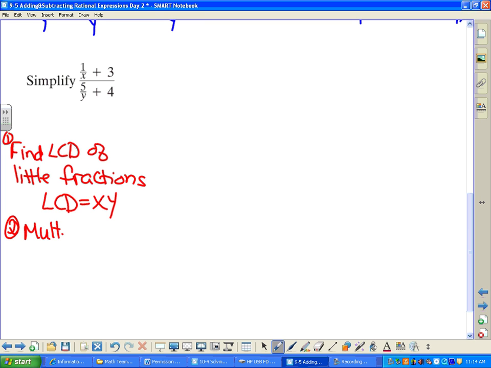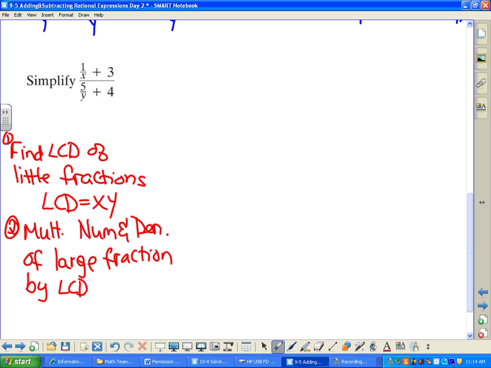Then I want you to multiply the numerator and denominator of the large fraction by the LCD. Be sure that you distribute. Put an xy up here and an xy down here.